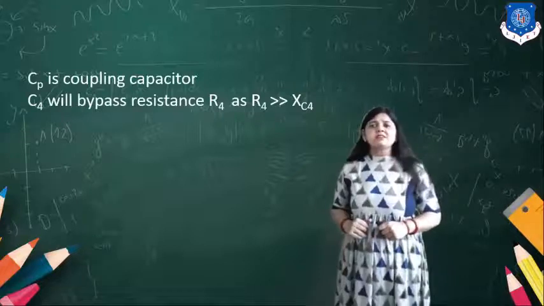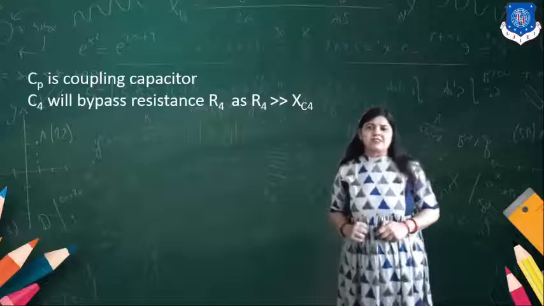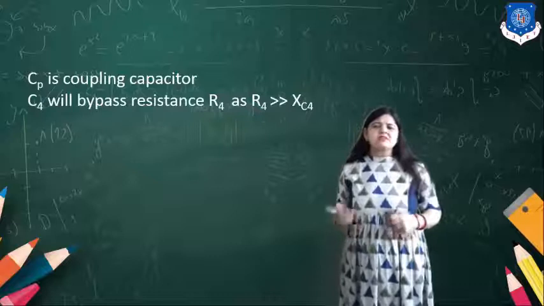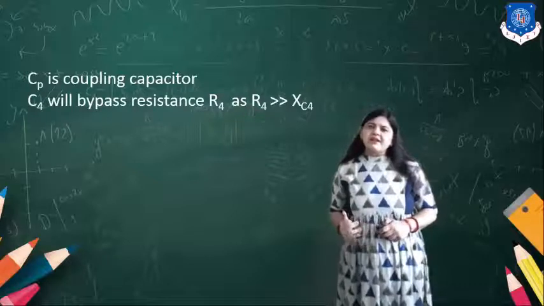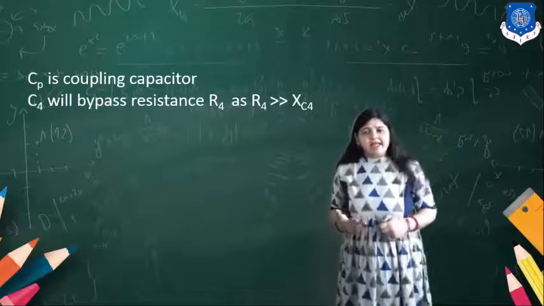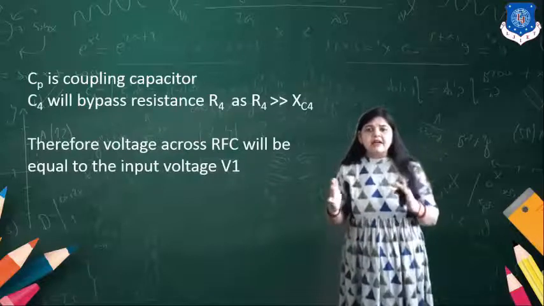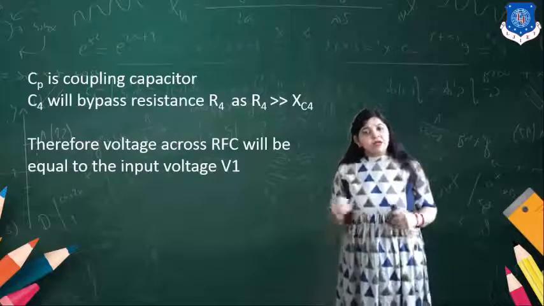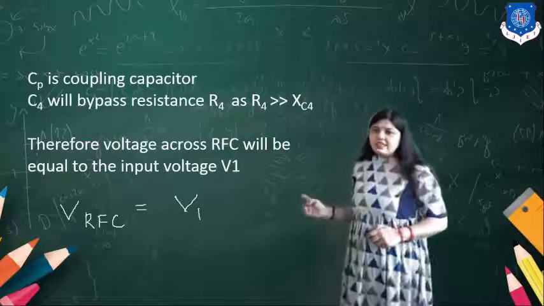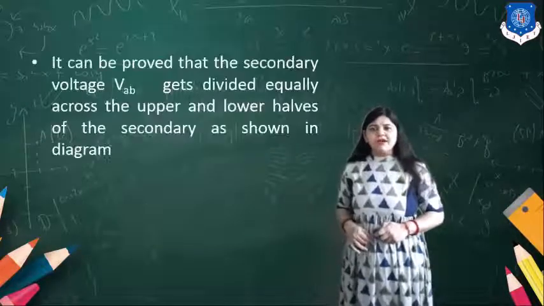Cp is the coupling capacitor and C4 is the bypass capacitor. It bypasses the resistance R4, and R4 is much greater than Xc4, therefore the voltage across the RFC will be equal to the input voltage V1. So we can say that VRFC is equal to V1.